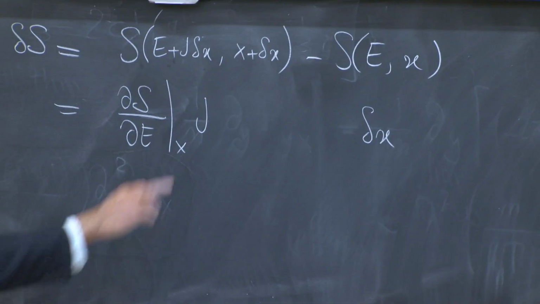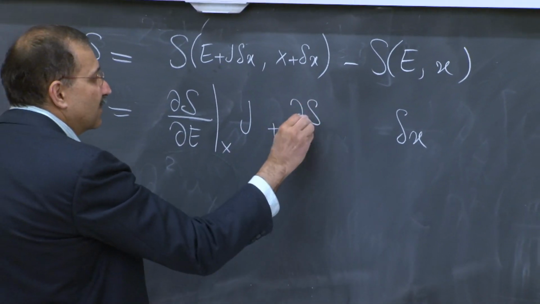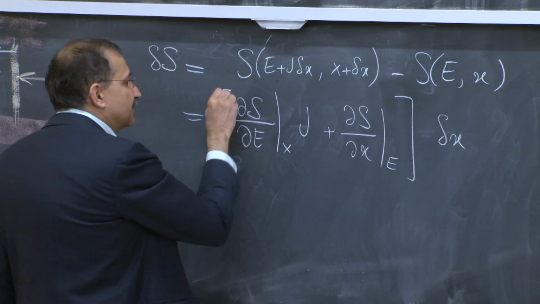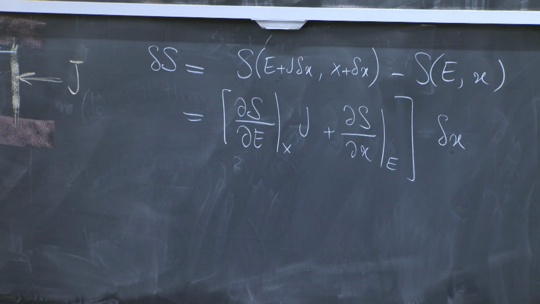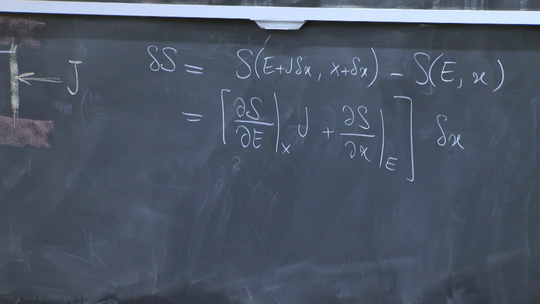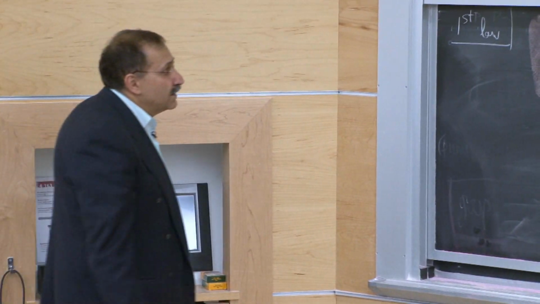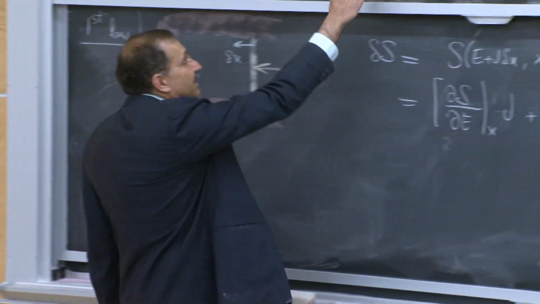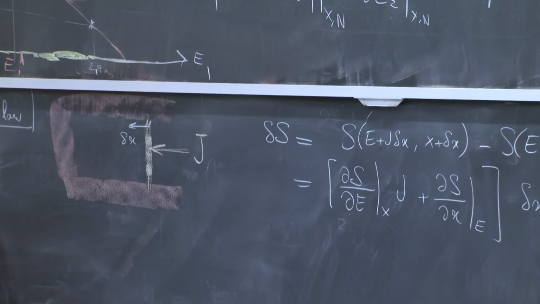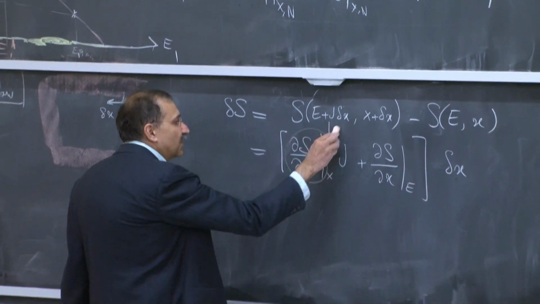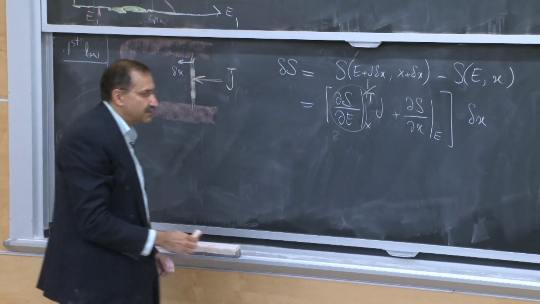But then there is also a dS by dx at constant E with the same delta x. So I factored out the delta x between the two of them. Now, dS by dE at constant x is related to the empirical temperature, which we now set to be 1 over T. Okay?